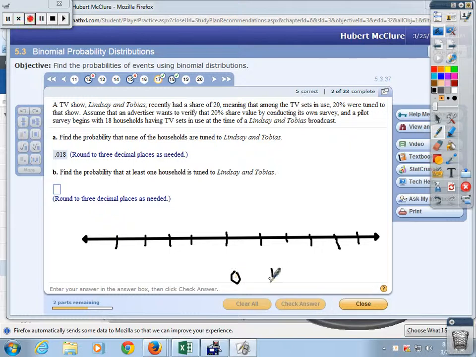Zero, 1, 2, 3, 4, 5. I forgot this thing doesn't automatically orient itself. Only one in this building is in 236. This room is jinxed. Alright. So 1 right here.